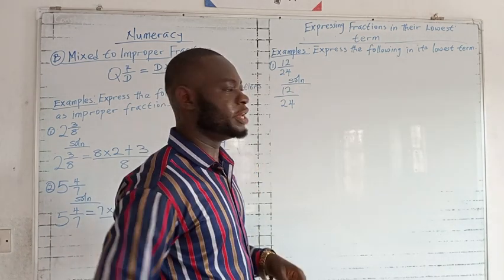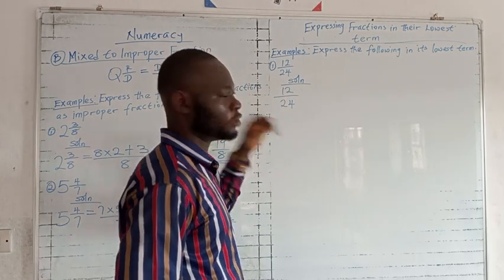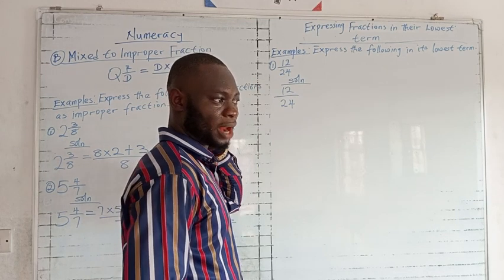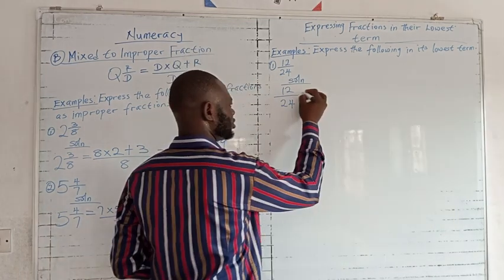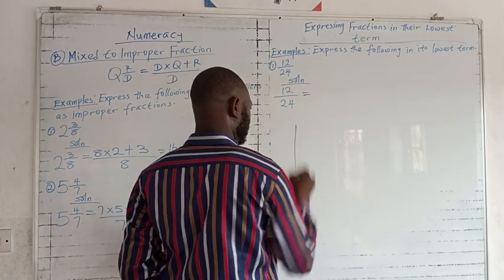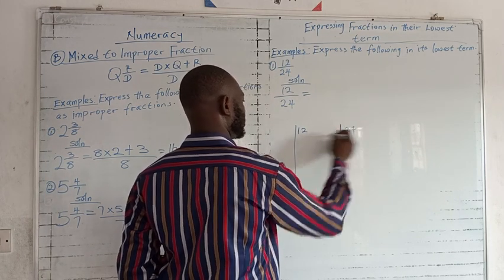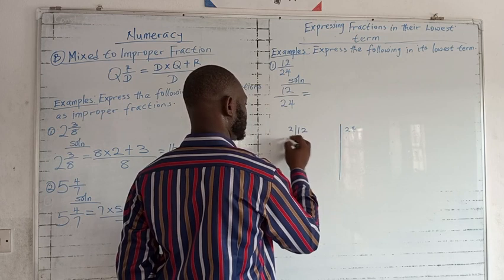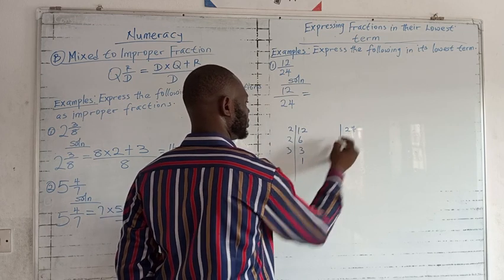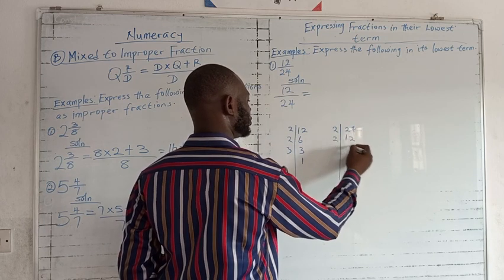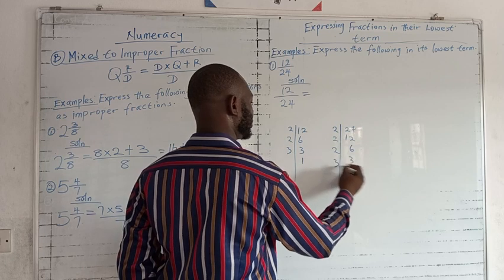Okay? Or we simply express 12 and 24 as product of their prime numbers. Let's do that. Solution. So I'm just using here as a rough: 24, 2, 6, 2, 3, 3, 1, 2, 12, 2, 6, 2, 3, 3, 1.